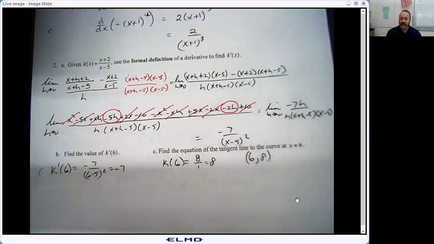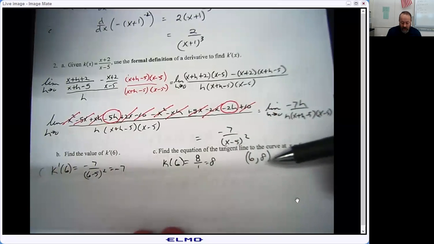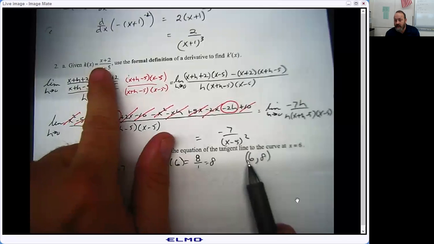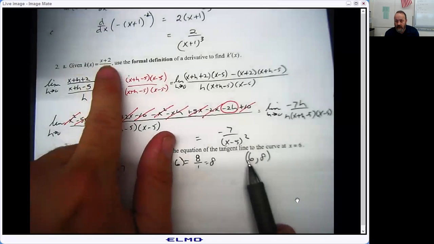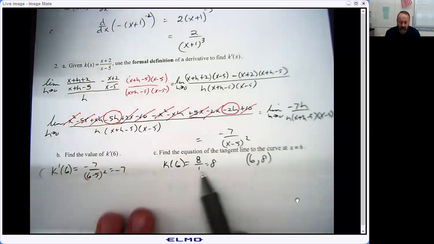So if we're looking for the tangent to that curve at 6, well, the first thing I needed to know was what was the y value. So I did have to go back to the original function k, and I had to plug 6 in right here, and I get 6 plus 2, which is 8, 6 minus 5, which is 1.